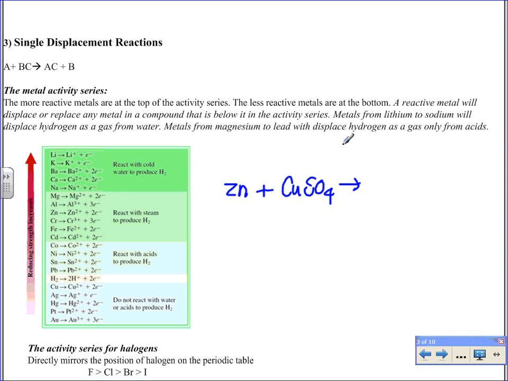If it was the other way around, no reaction would occur. So I'm going to end up here with zinc sulfate and copper. If I did magnesium plus sodium chloride, magnesium is lower than sodium, so no reaction would occur.